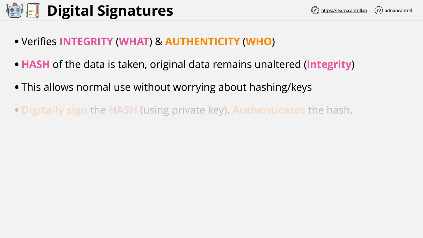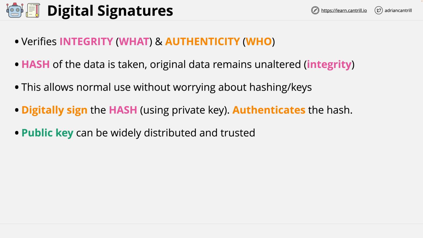Next, Bob signs the hash using his private key, and this authenticates the hash to Bob. Bob's public key can be distributed widely onto many locations that Bob controls, and using this public key, you can access the signed hash. Because of this, you know it came from Bob's private key, i.e. Bob, and so the hash is now authenticated as being from Bob.